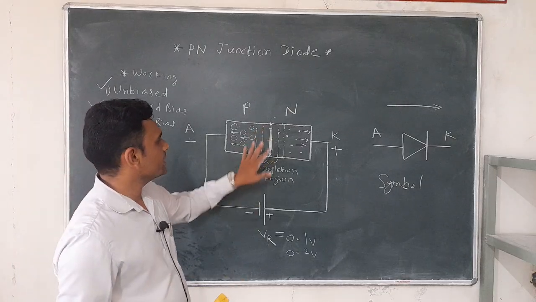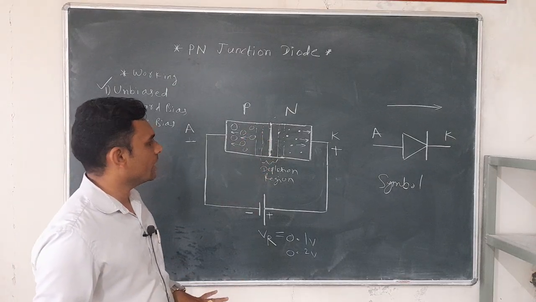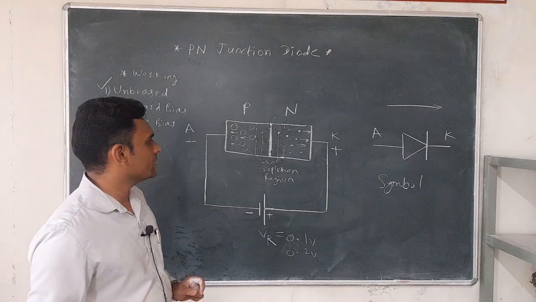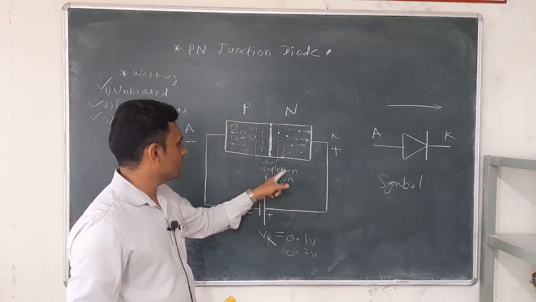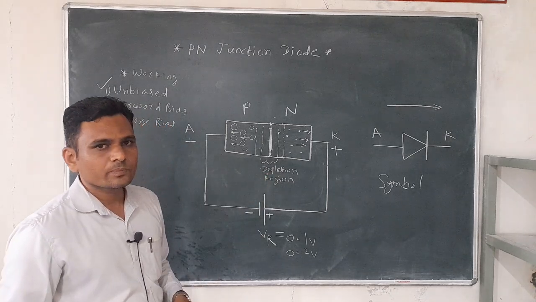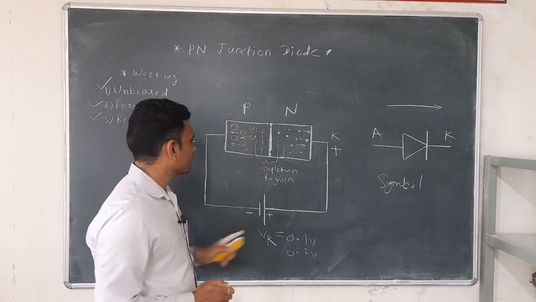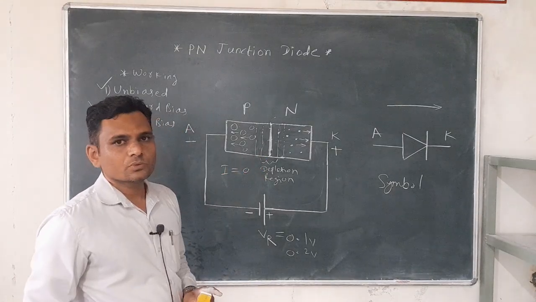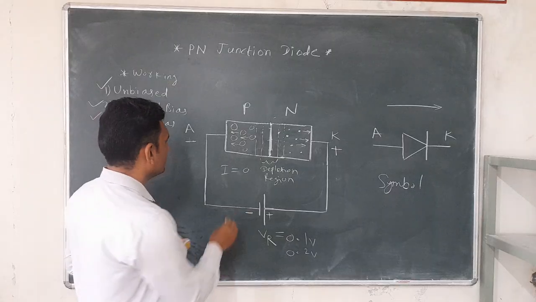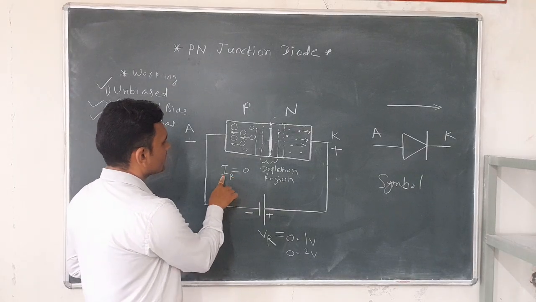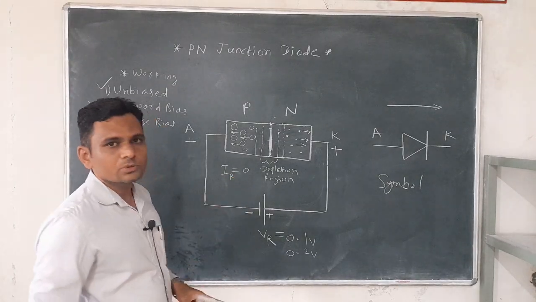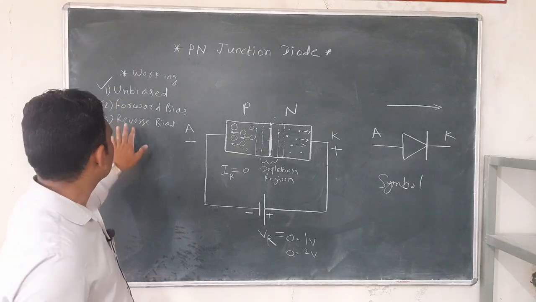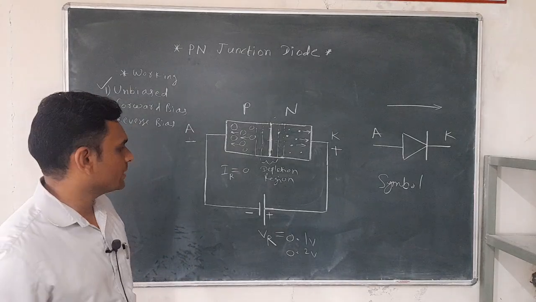So in reverse bias condition, this PN junction diode offers very high resistance because of presence of this depletion region, and current is 0 when diode is reverse biased. So reverse current IR is equal to 0 when PN junction diode is reverse biased.